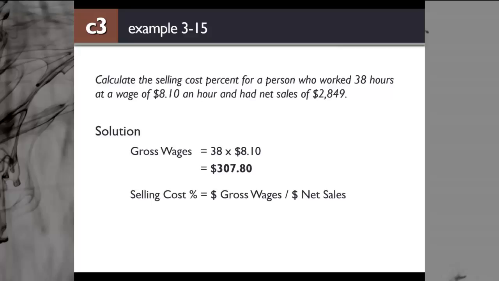Then you get 0.10803. Then you multiply by 100 because I asked you to calculate the percentage, so that's 10.8%. That's the productivity of that person, the selling cost. Based on the wages and net sales, you can say that the selling cost percent is 10.8%. So out of these net sales, the person's selling cost percent is 10.8.